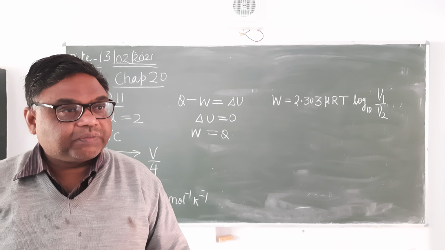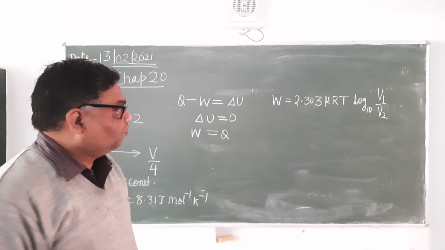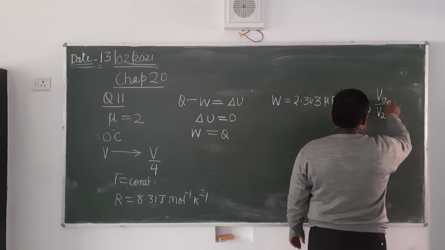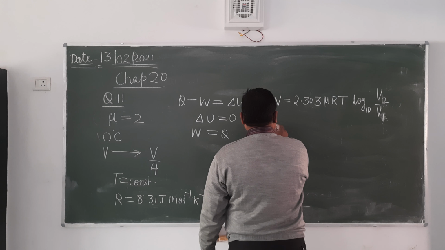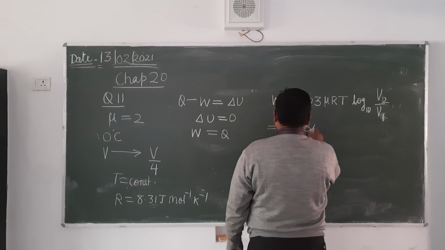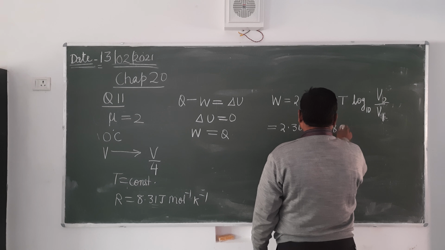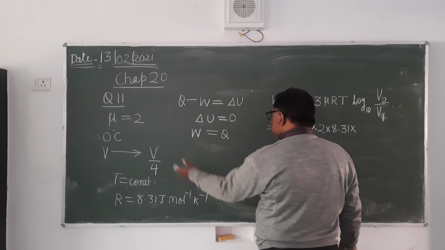V1 upon V2 or V2 upon V1? It is V2 upon V1. So you substitute here. It will be 2.303. Mu is how much? 2. R is 8.31. Delta T, no, only T here.